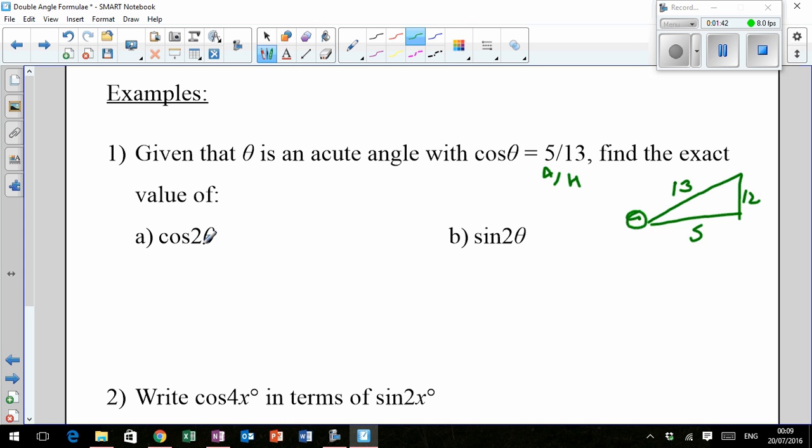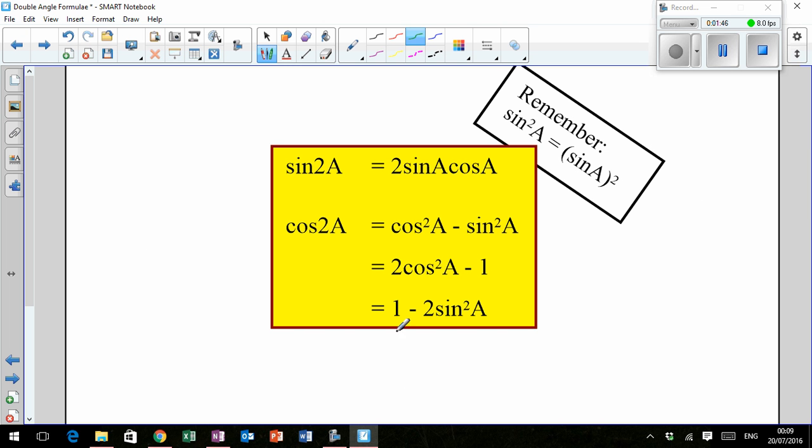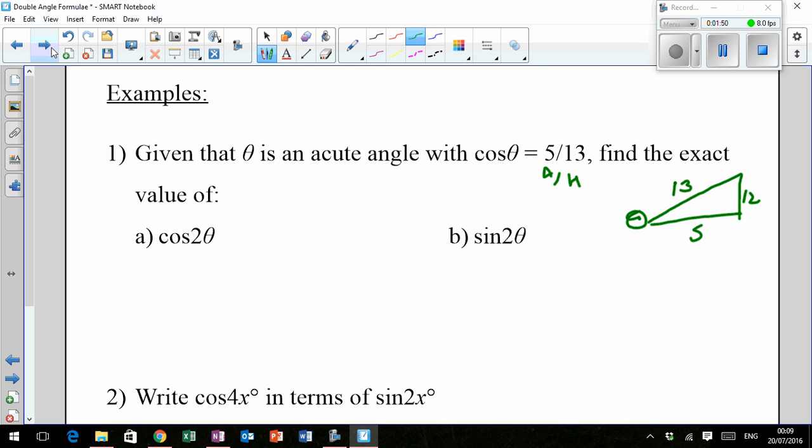Now, cos 2 theta, we can use whatever one of the expressions we like. I'm going to use this middle one because I've already been given cos, and I don't really need to worry about using anything else in. So it's 2 cos squared theta minus 1.